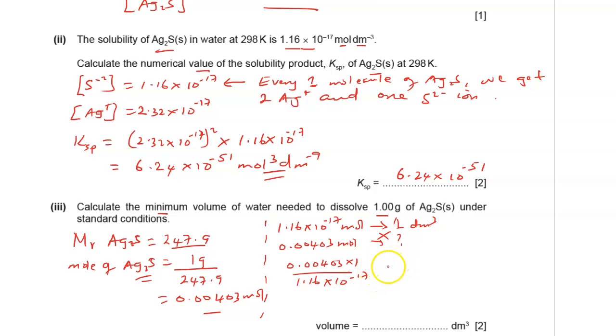And the correct calculation here will give us 3.47 times 10 raised to the power 14 liters. That's a lot of water.